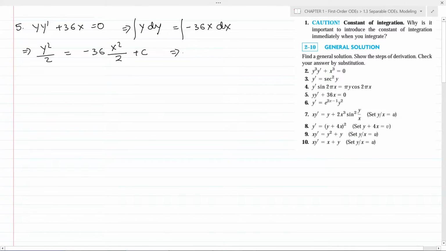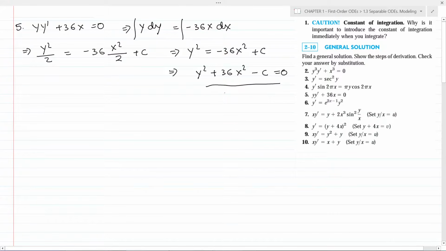We multiply both sides by 2 and we get y square is equal to minus 36 x square plus c, which implies y square plus 36 x square minus c is equal to 0.